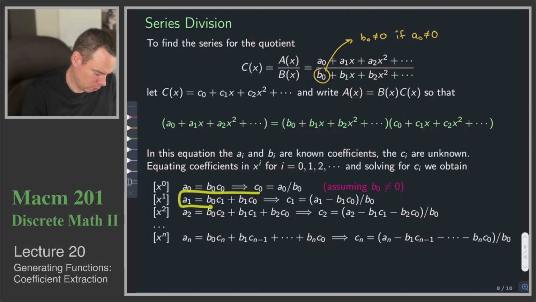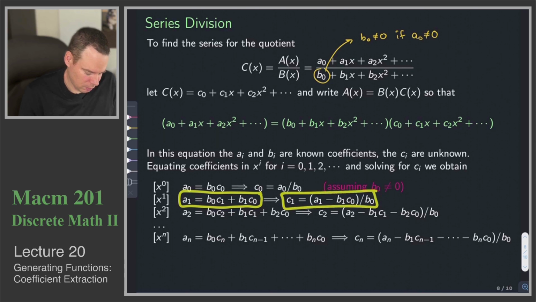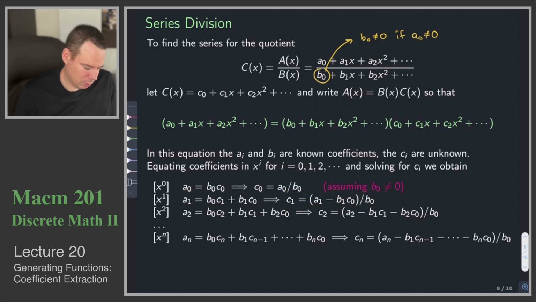So that gives us this equation. We know everything in that equation except for C1. Again, we know C naught because we just solved it in the line before. So now we can solve for C1, and we get an equation involving all known values: A1, B1, C naught, B naught. So we got C naught, we can solve for C1, and then we can just keep going.